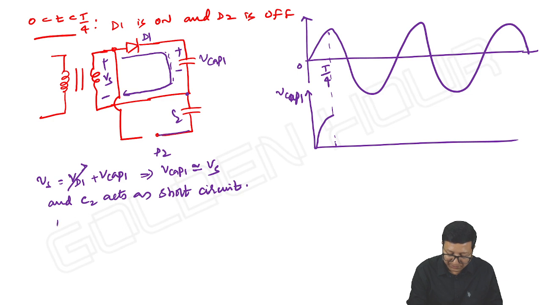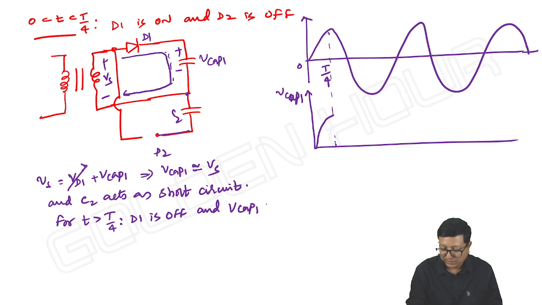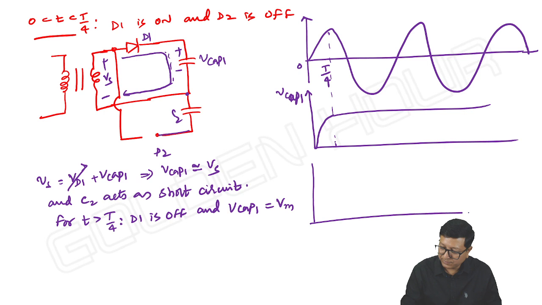For t greater than T by 4, D1 is off and V capacitor 1 is charged up to Vm, like this. Then what about Vc2? Here it is simply 0.